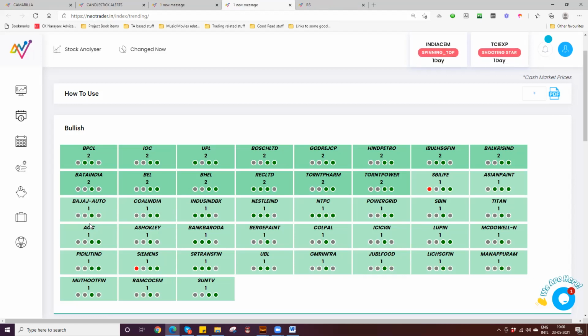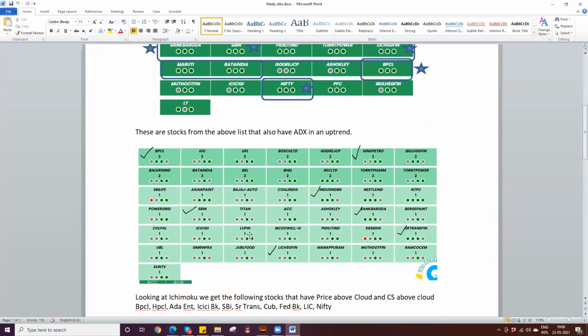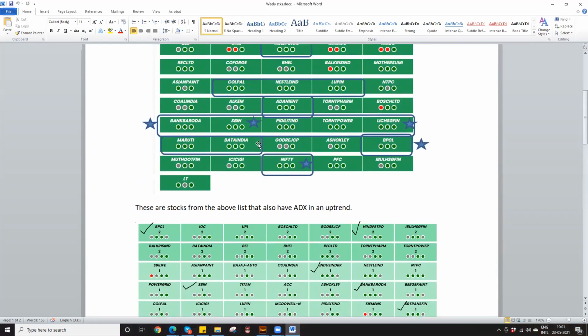So you take a look at this and find once again the common stocks which were there in your earlier list. I have simply taken this list of stocks and pasted it here. These are the stocks from the above list that have ADX in an uptrend. I have just put the tick mark against each of those names which have ADX in an uptrend. So you got BPCL, HPCL. Now some other names will also come in here, which is IndusInd Bank, which has come in elsewhere.